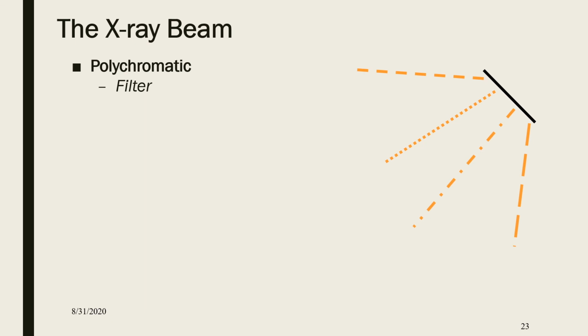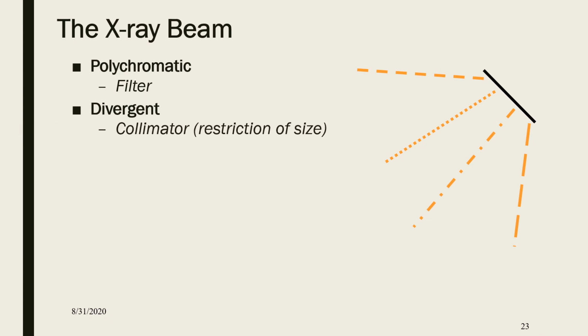So it filters. The primary beam, or X-ray beam, is divergent, meaning it travels in a cone-shaped pattern. When the beam exits the port or the window, a lead collimator is placed in its path to further restrict the size of the X-ray beam.